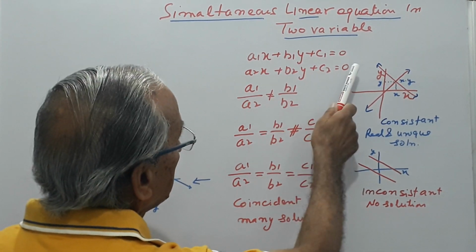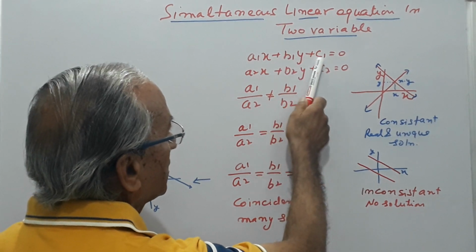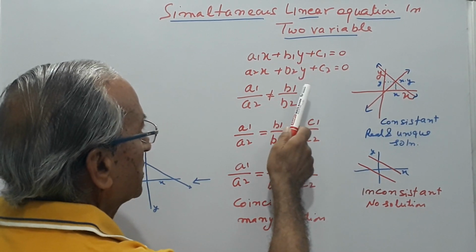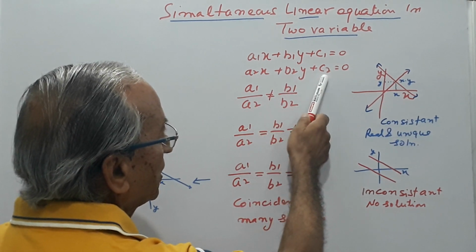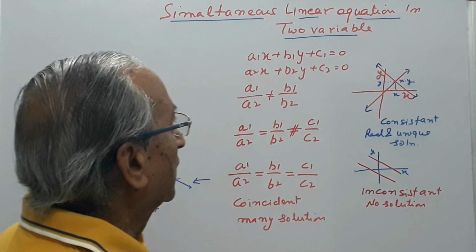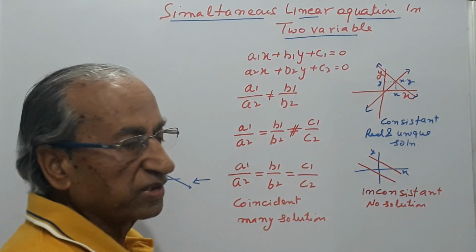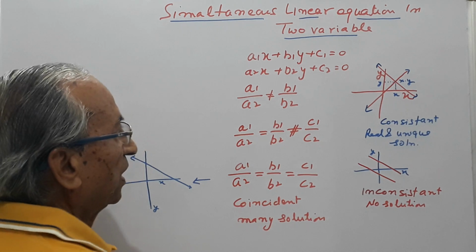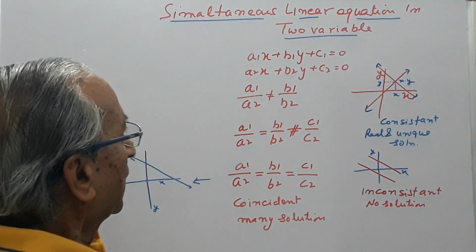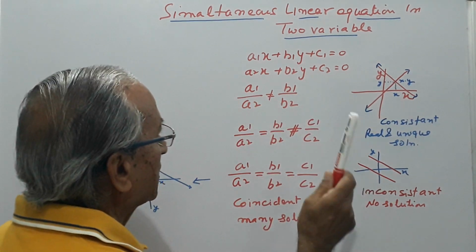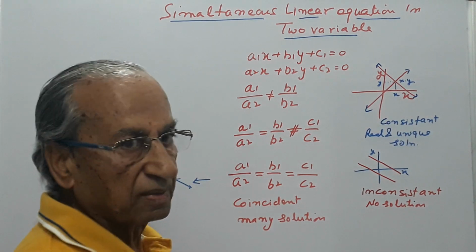Now, two equations are there: a1x plus b1y plus c1 is equal to 0, and the second is a2x plus b2y plus c2 is equal to 0. Here a1, b1 are the coefficients of x and y, and c1 is the constant term. Now first I will explain the ratio between the coefficients of the two variables.